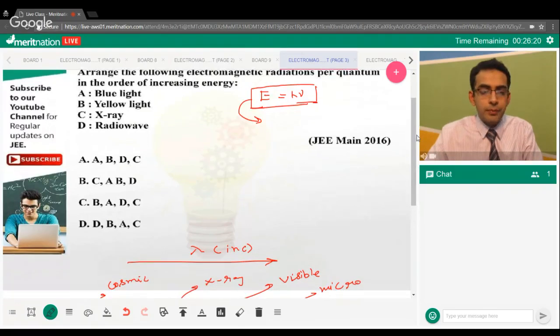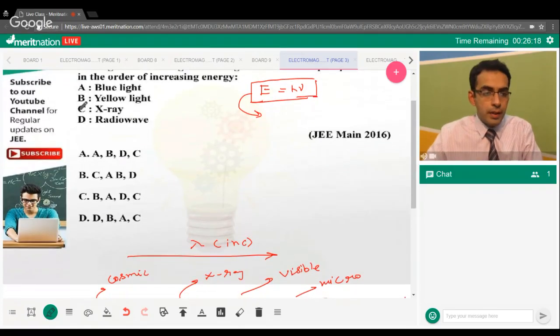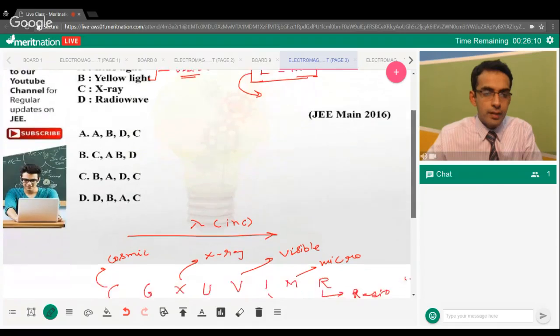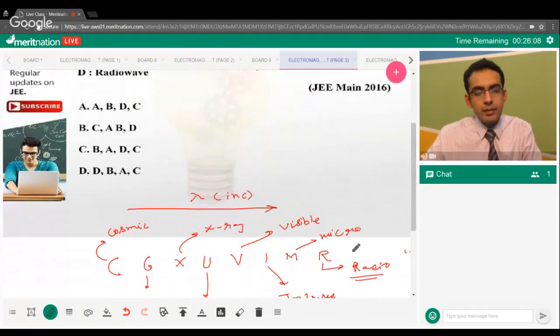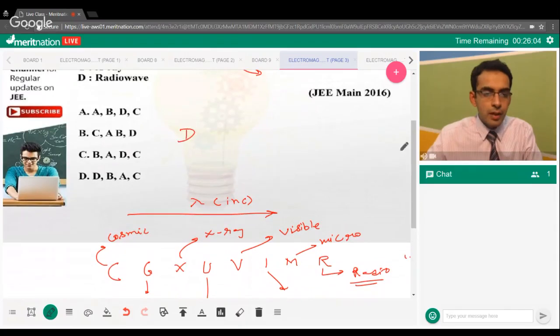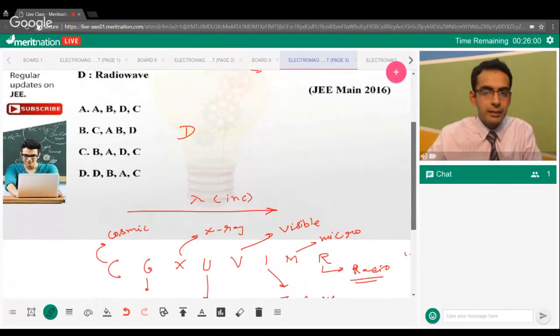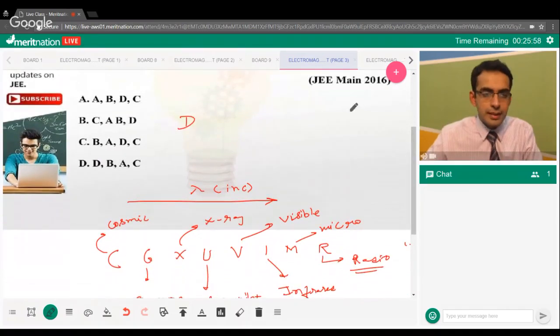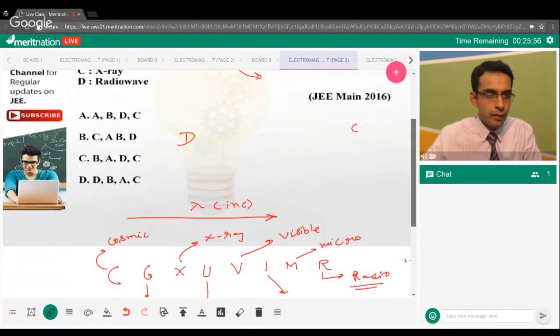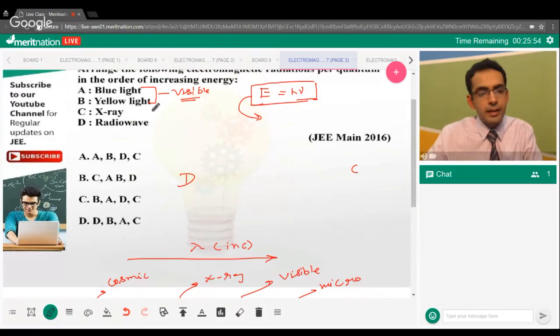So these two are in the visible range, X-ray and radio wave. Radio wave has the least frequency, so D first, and X-ray has the maximum in the given case, so C. Now blue and yellow.